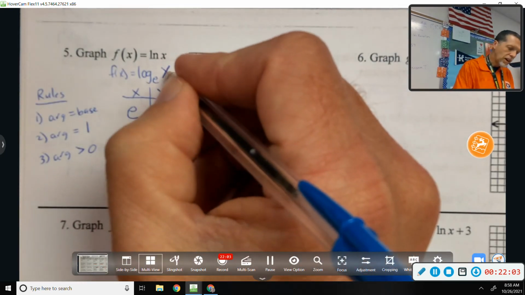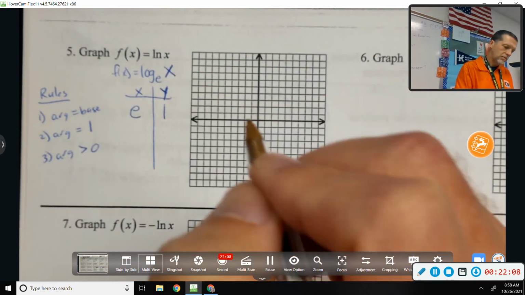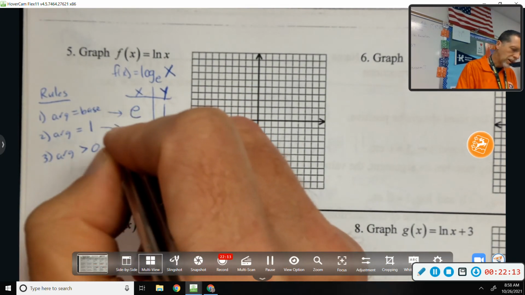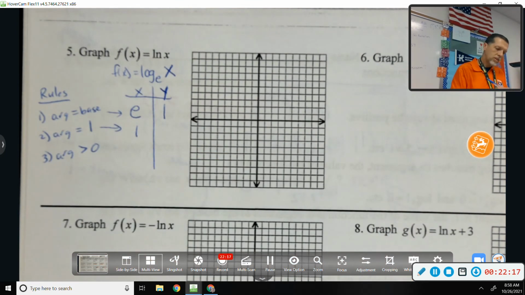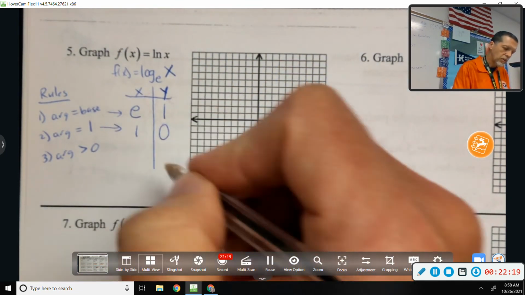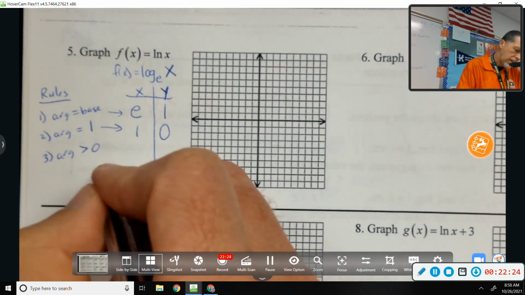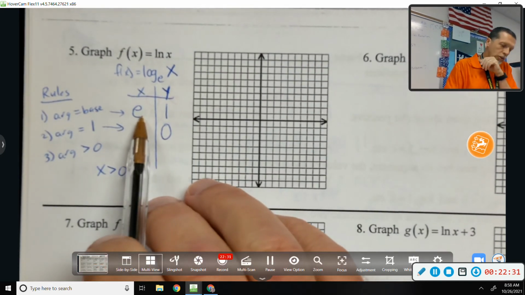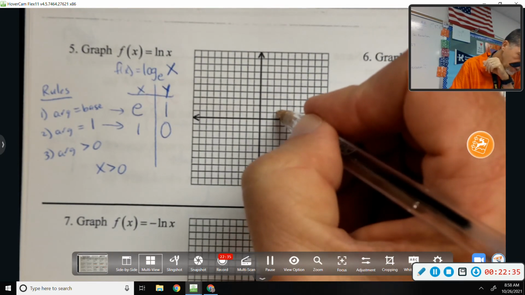Log base e of e is 1, because e to the 1 is e. If I want my argument to equal 1, well, that's just 1. And log base e of 1 is 0. And then I need x to be greater than 0. What did we say e was equal to? 2.7-ish.